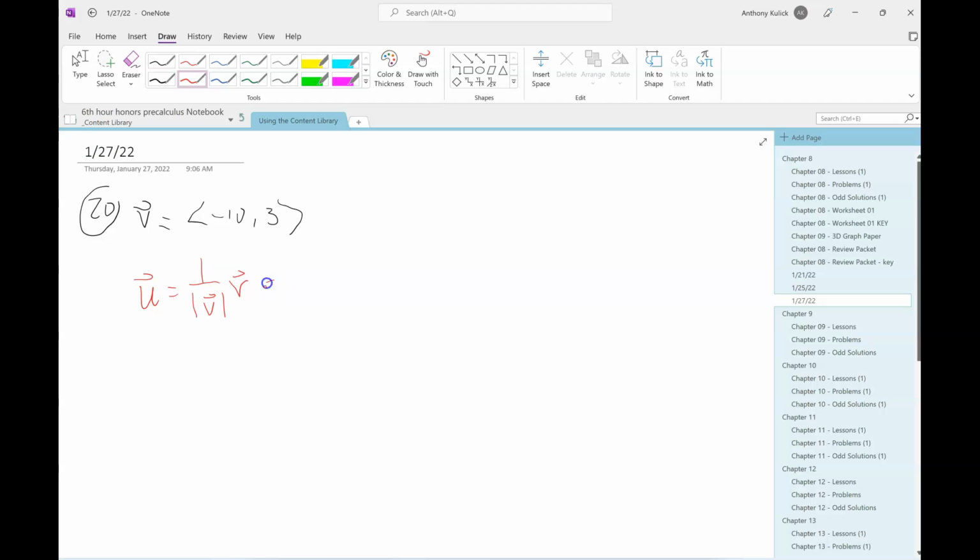In our case, that magnitude is going to be the square root of 109. So negative 100 squared plus 3 squared gives me 109. And then we just scalar multiply that in. And then I'd probably rationalize my denominator since that's going to be my final answer.